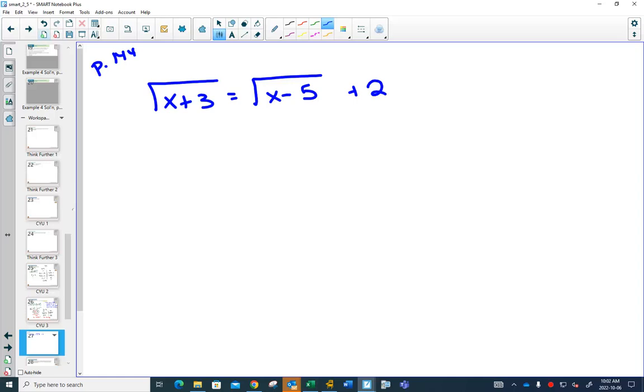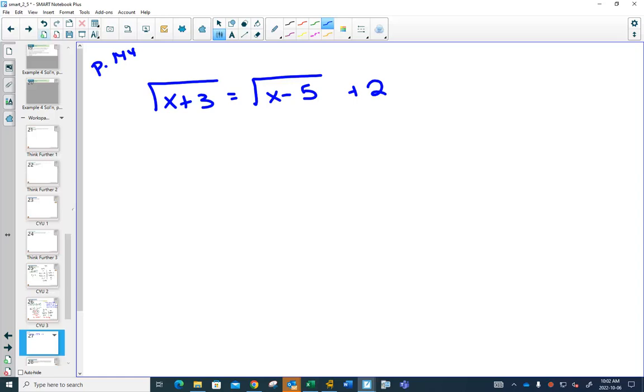So on the top of page 144, here we have 2 square roots. And the idea, whenever you have a square root equation, is to isolate a square root to get rid of it. Can you see that the square root on the left side is isolated, but the square root on the right side is not? Okay?